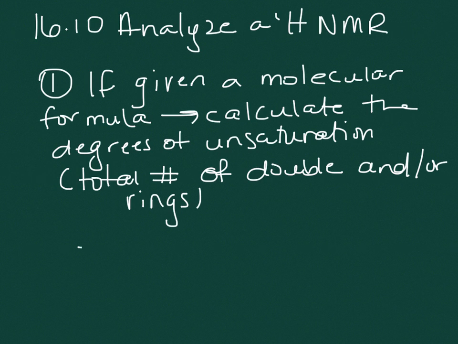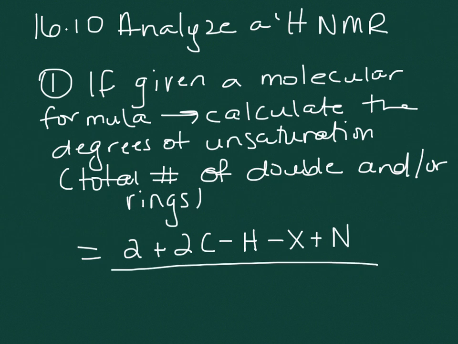The way we do this is 2 plus 2 times the number of carbons, minus the number of hydrogens, minus the number of halogens, plus the number of nitrogens, all divided by 2.